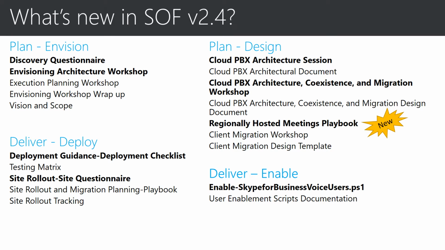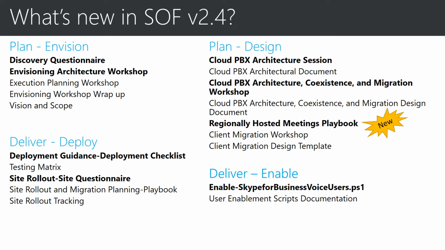So what's new in SOF version 2.4? We have gone through the existing assets and updated all of the assets listed here from plan phase to deliver phase to incorporate both MMS and RHM.